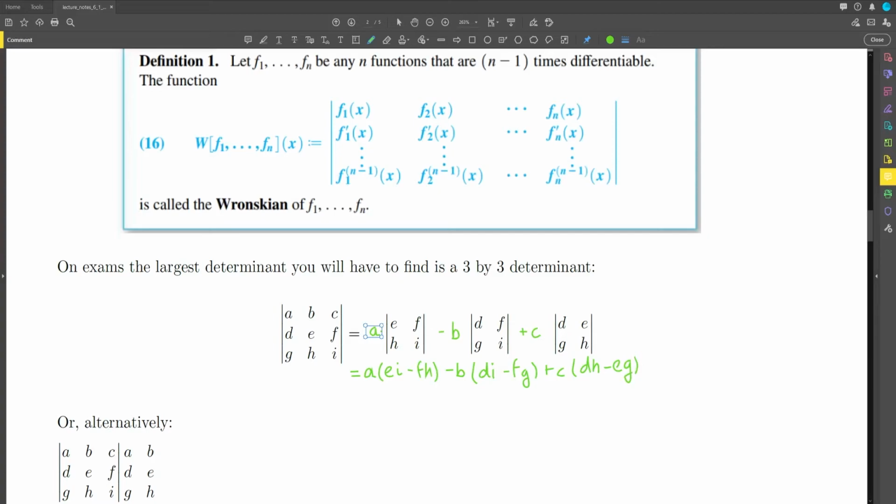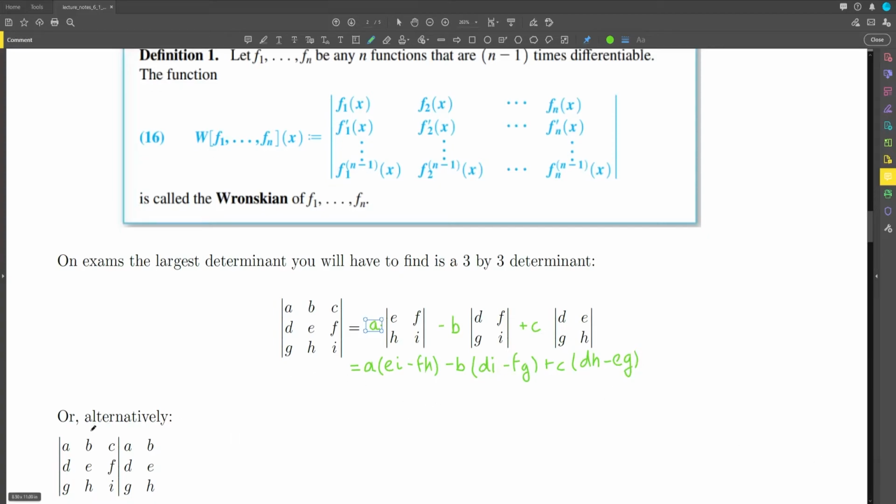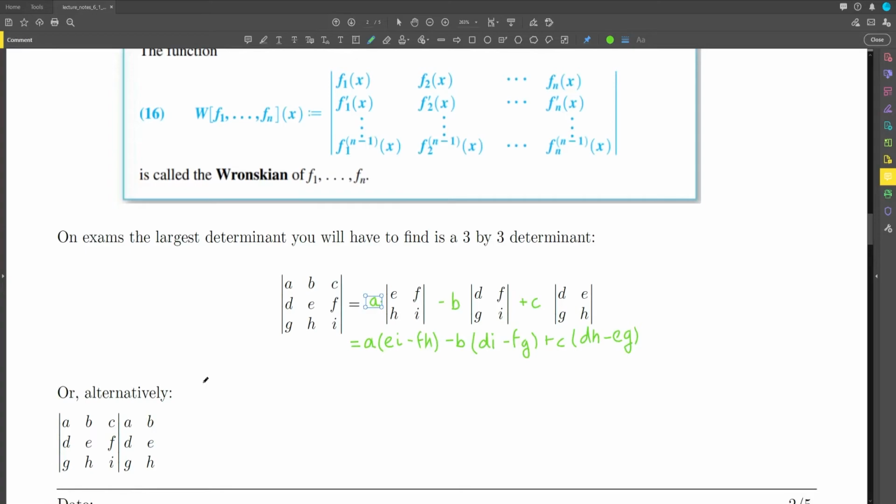Another trick to calculate a 3 by 3 determinant is by copying the first two columns. So we see we have the determinant of A, B, C, D, E, F, G, H, I. And what I did here is I copied the first column, A, D, G, next to the determinant, and then the second column, B, E, H. And now I can look at the diagonal products.